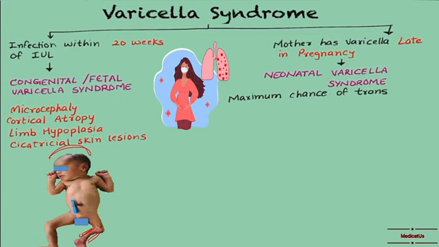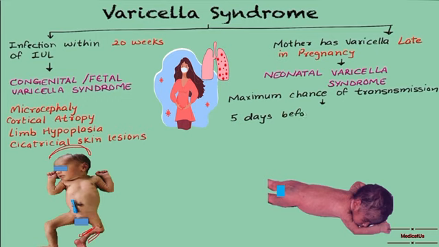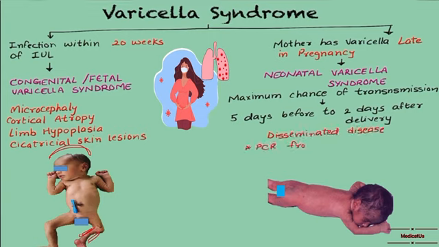In neonatal varicella syndrome, the maximum chance of transmission is 5 days before to 2 days after delivery. And it is a disseminated disease, and we can take PCR from skin lesions. Disseminated disease means it will cause new organs to be affected.